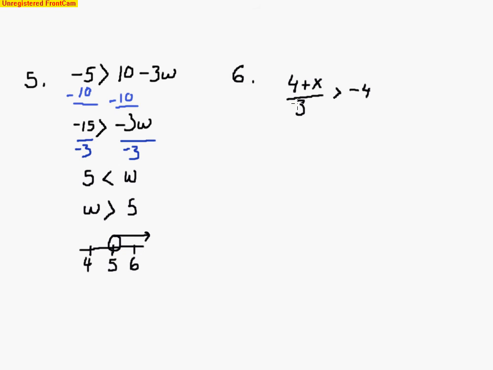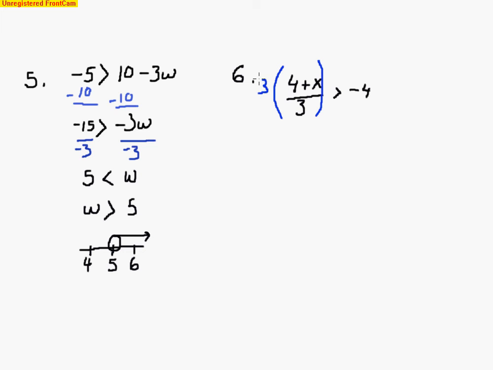So what we want to do is undo this operation, this division by 3 that's happening to both the 4 and the x. So the way we're going to do that is we're going to multiply this entire expression here by the denominator 3.